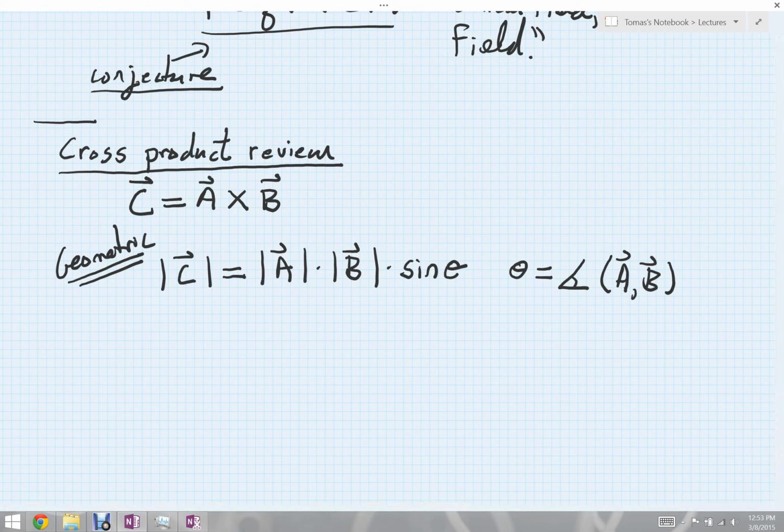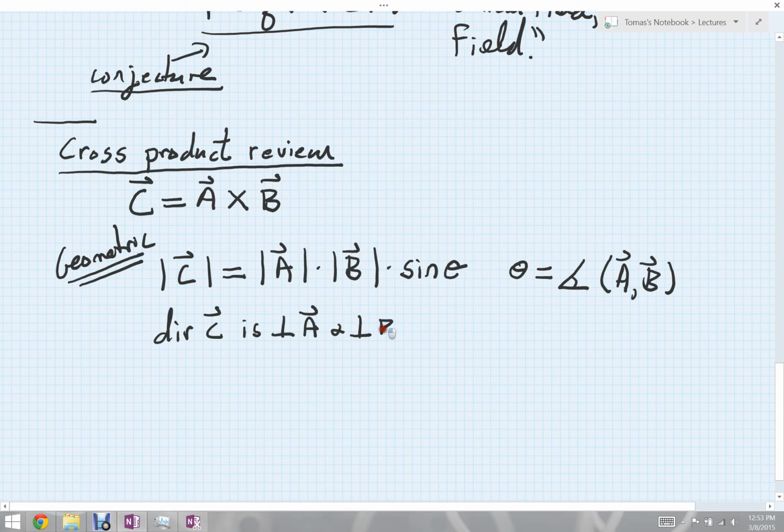Now, the direction is given as follows. The direction of C is specified by the fact that it has to be perpendicular to A, and it has to be perpendicular to B. If you think about this, if I have any two directions in space, here's a direction A. Any two vectors, if I draw them attached at their base, here's another one.